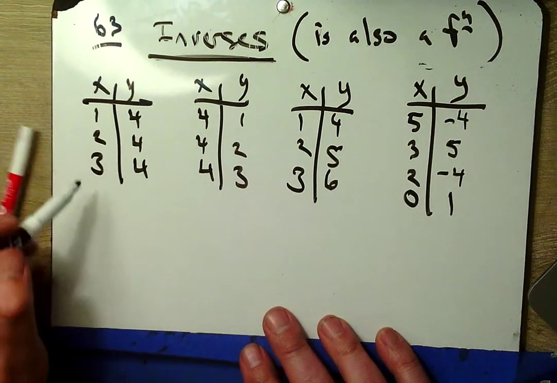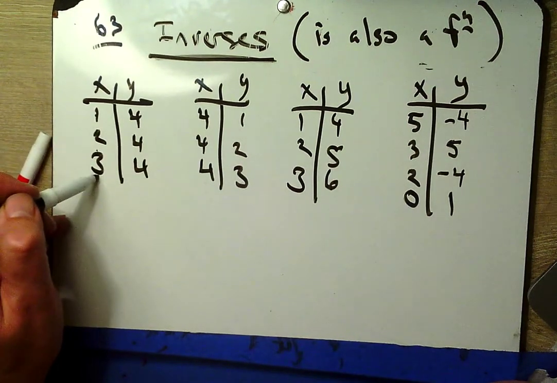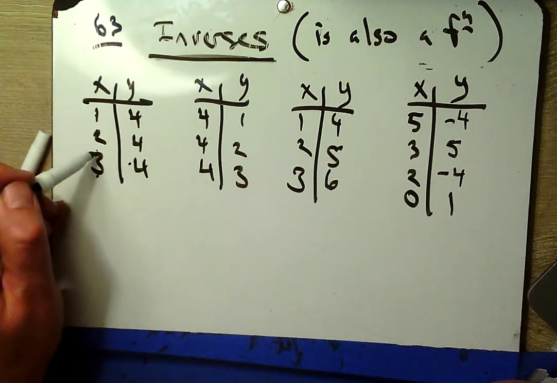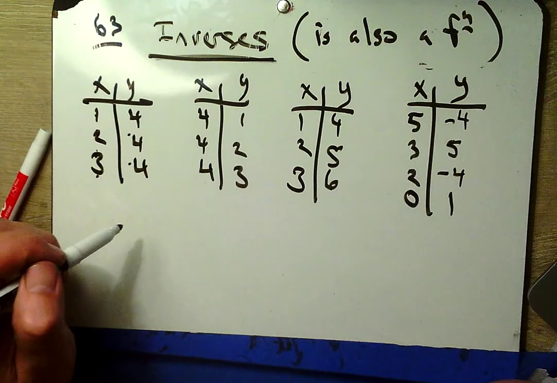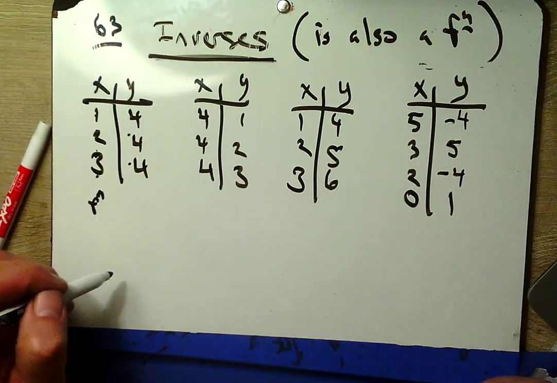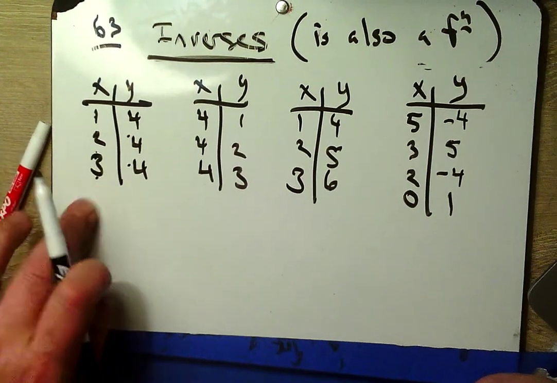So functionness, remember, we said if we had repetition in the domain, i.e. this number went to this, and this number went to some other thing, that's not happening here. So we note this is a function, but does this function have an inverse? Well, let's see.